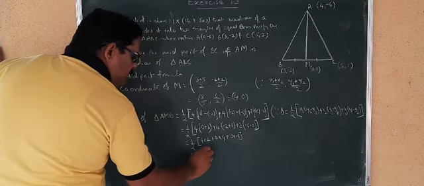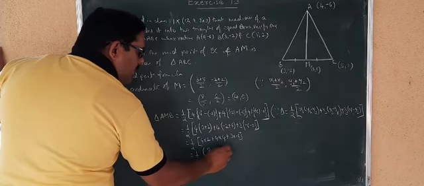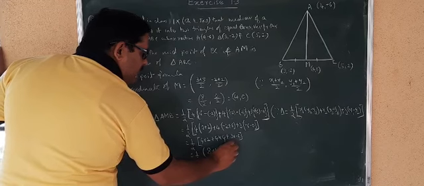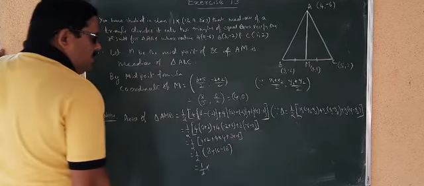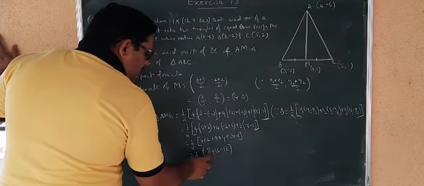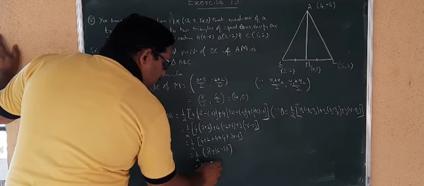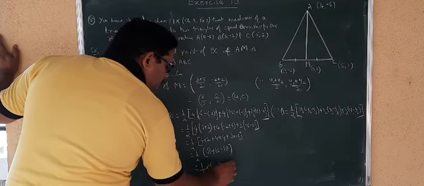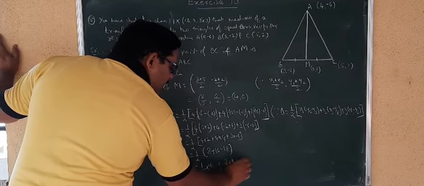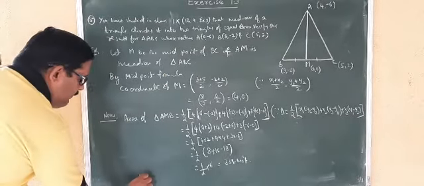So half into 8 plus 16 minus 18. So half into 16 plus 8, it is 24 minus 18. 24 minus 18 is 6. So it is 3 square units.